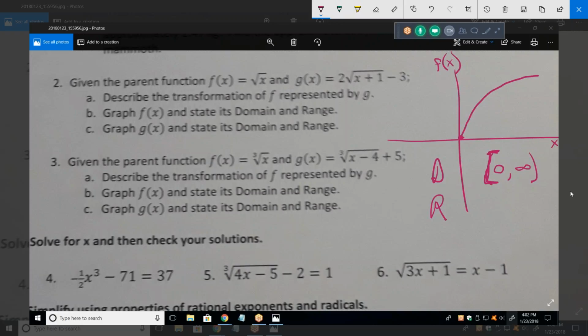Train yourself to figure these out either algebraically by looking at that or graphically. If I'm looking up and down here, what are the allowable values that you see on that graph for f of x? 0 to infinity? Yep, the same two.